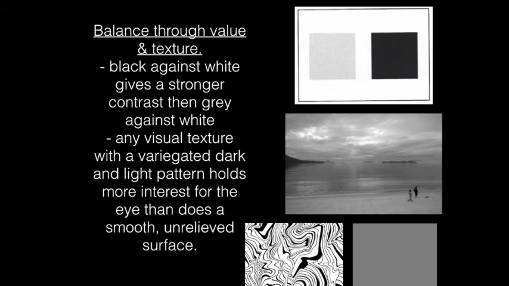So that pattern really holds our attention. Now we look at the photograph right above it. There are two figures walking in the bottom right-hand corner, and my eye goes right to them because one figure has a very black outfit on, and the person next to him has a black hat, and I noticed that right away. And then my eye goes to the mountain range on the upper left-hand side.